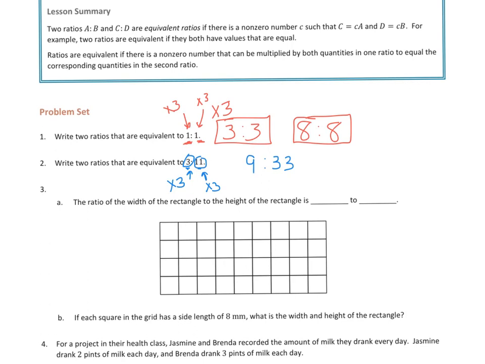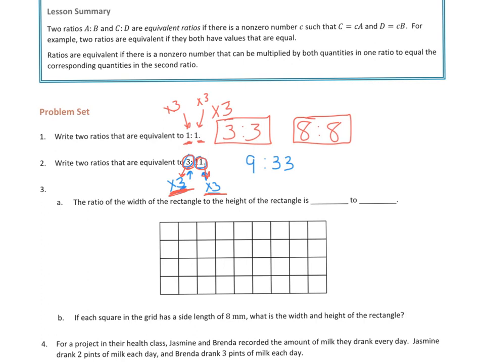These are equivalent because I'm multiplying by 3 on both sides. I'm not changing the units, I'm changing how much they're worth. So for these 3 units, they're each worth 3. For these 11 units, they're each worth 3. So this is the factor that keeps them equivalent.